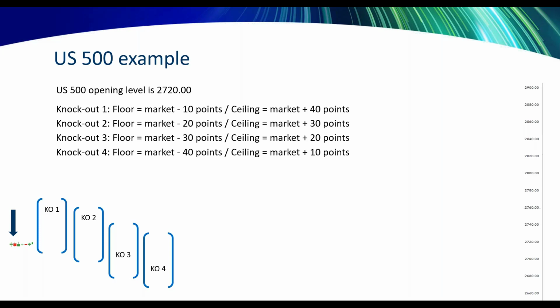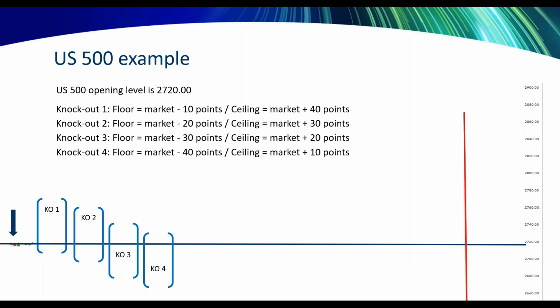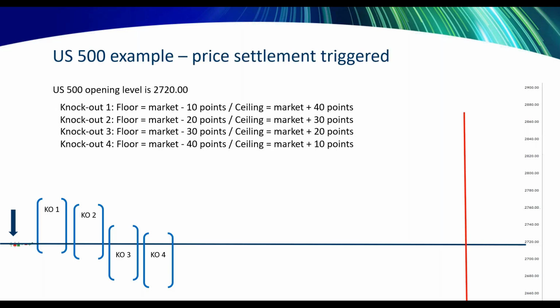Now, what happens? And here's the price of the S&P 500. It's trading. We've launched 4 knockouts. And let's go through a price-triggered settlement. And you can see the red line at the end of the week is where expiration would be on a time-triggered settlement.